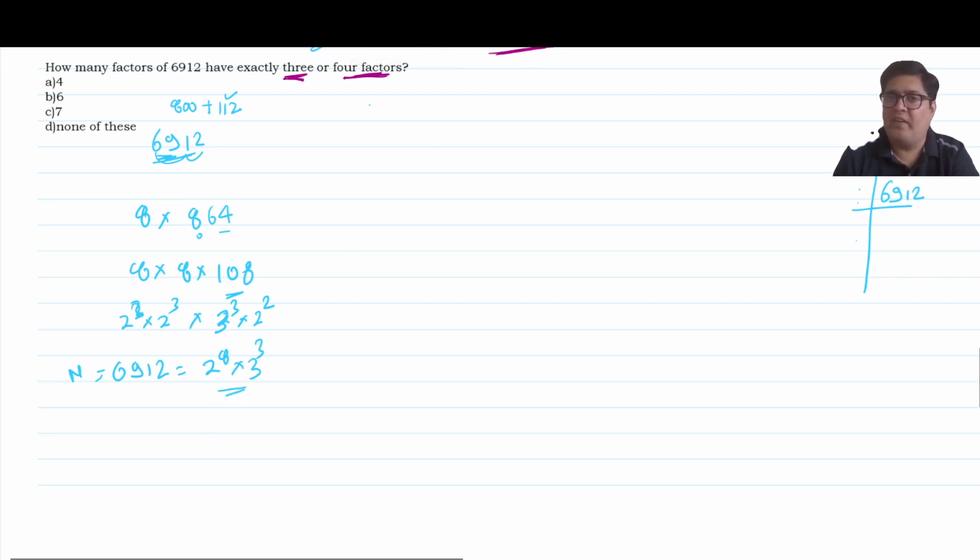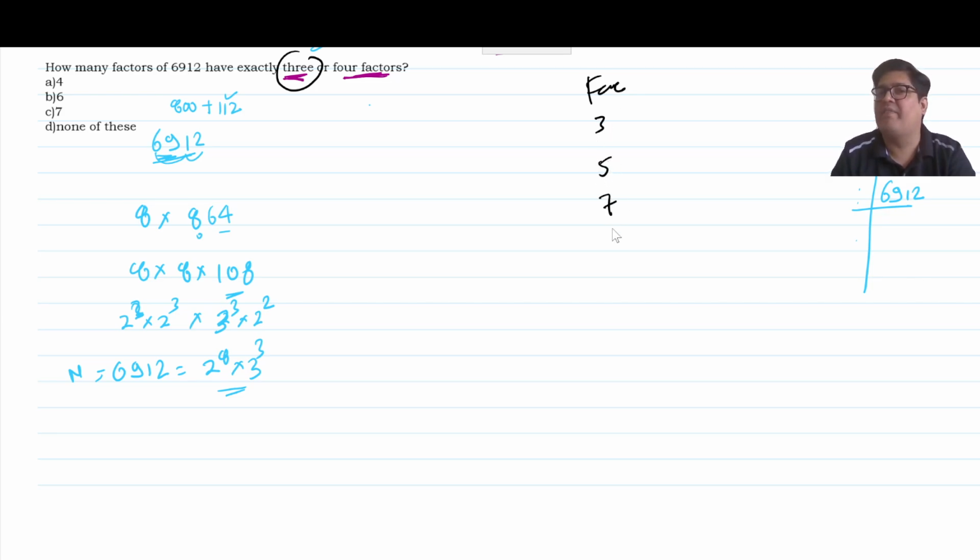Now pay attention. Whenever you want 3 factors, 5 factors, 7 factors, 11 factors, 13 factors, what is unique? The number of factors is prime. Please highlight this property somewhere.